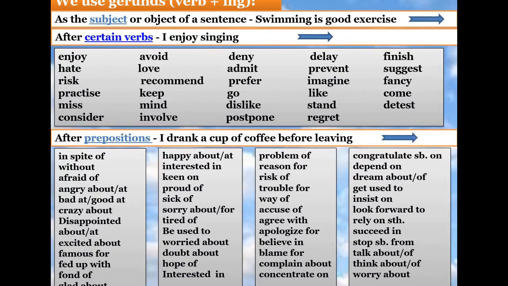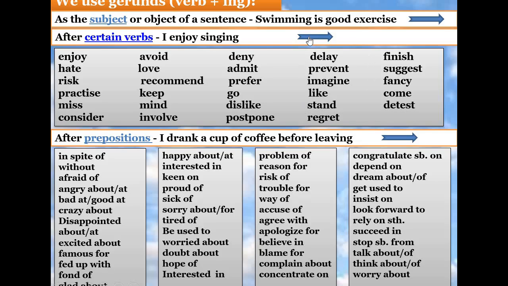So, also we can use gerunds after certain verbs. I enjoy singing. So, verbs like enjoy, hate, risk, practice, miss, consider, avoid, love, recommend, keep, mind, involve, deny, admit, prefer, go, dislike, postpone, delay, prevent, imagine, like, stand, regret, finish, suggest, fancy, come, detest.